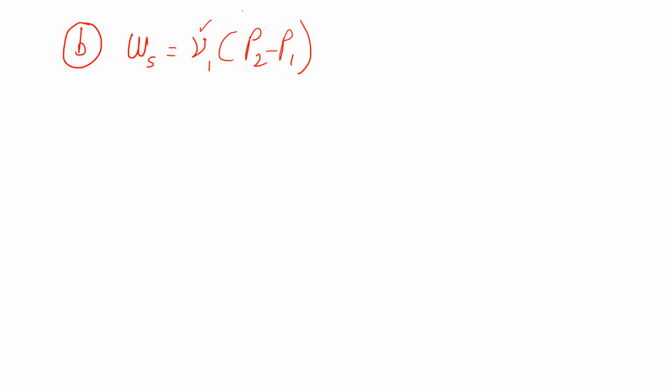We have nu 1, which we found from the prior slide by looking at the state of the water going in, and we have the two pressure values. We plug that in.